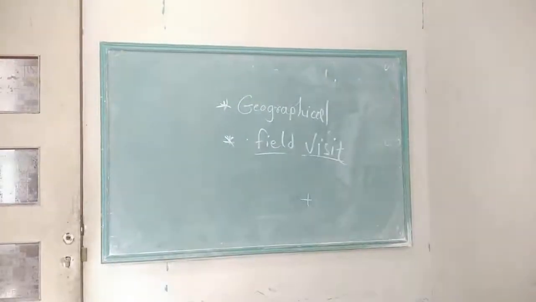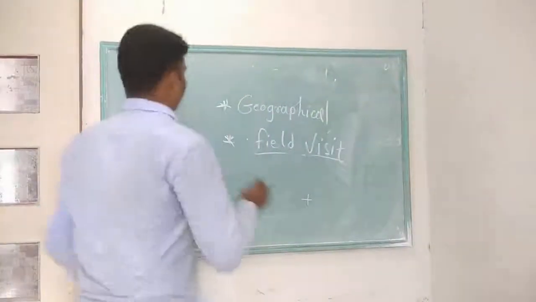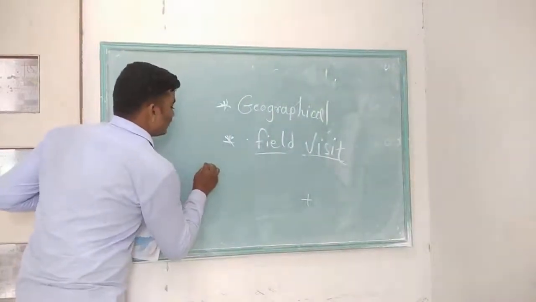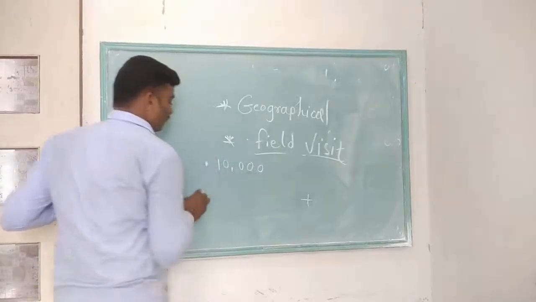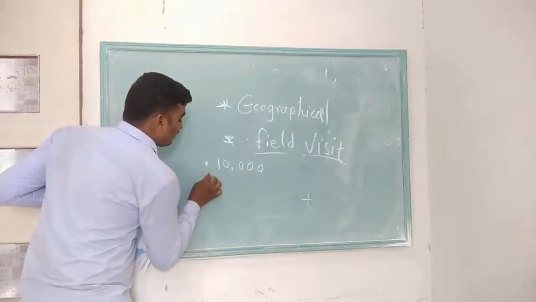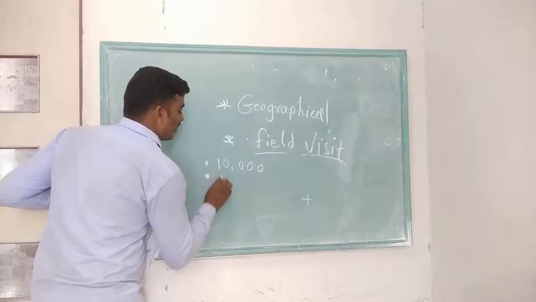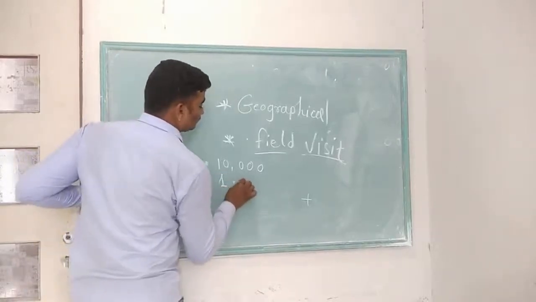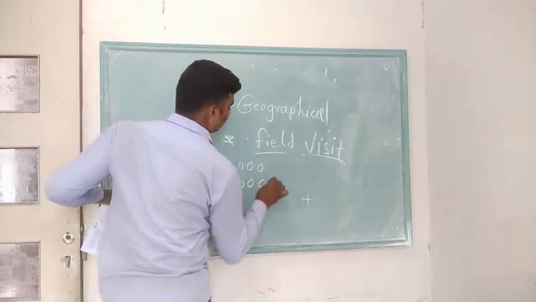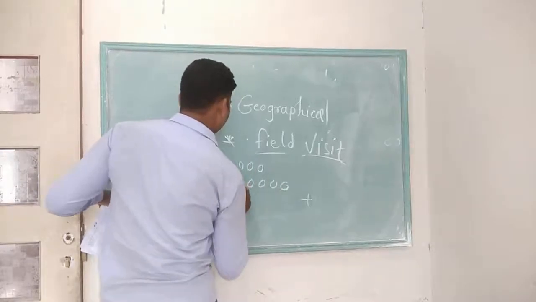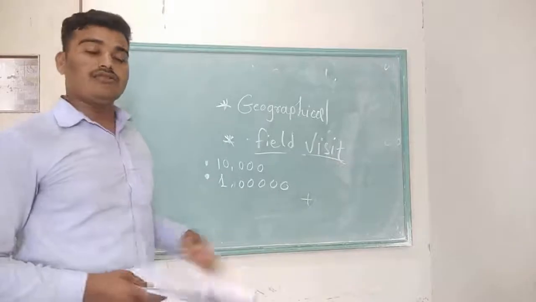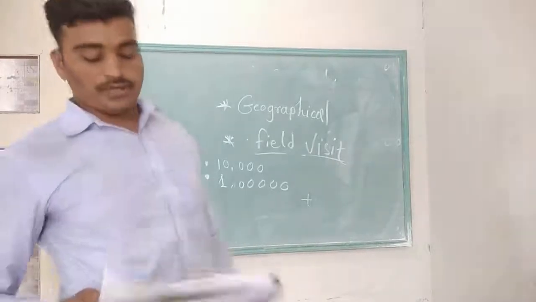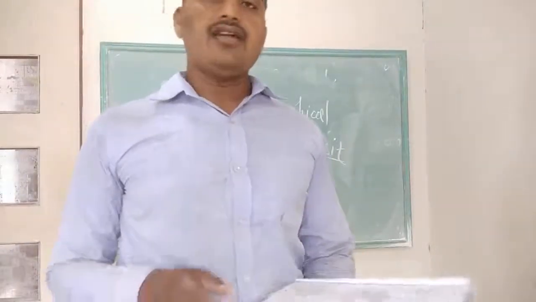So suppose we take one dot. For one dot, we will decide 10,000 value, and again if the value increases, we will give 1 lakh. So this type of value we have to determine first for the particular map, considering highest and lowest.